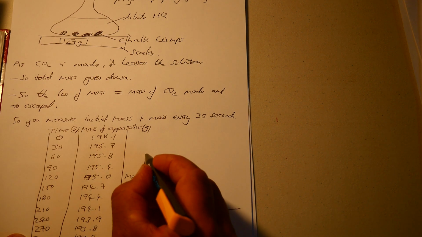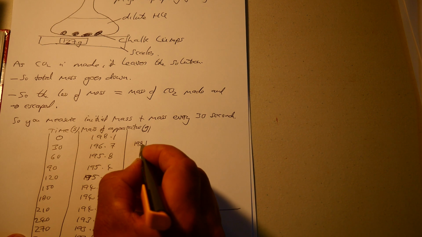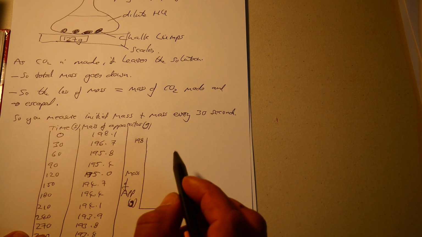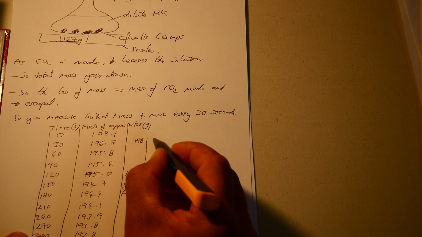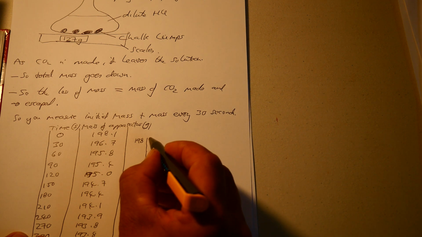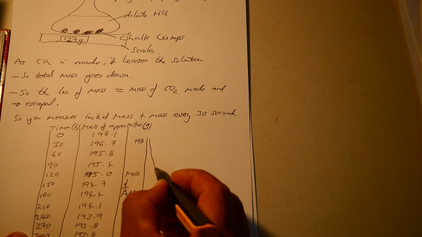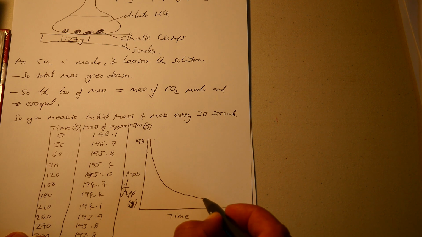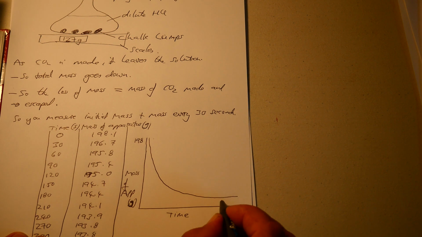So 198. This shape of the curve is the loss in mass starts off big, but gradually gets smaller and smaller as time progresses, until it basically becomes zero change.